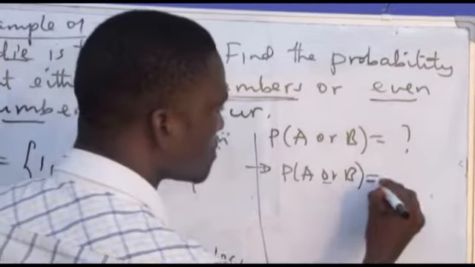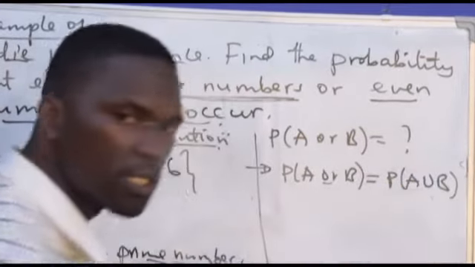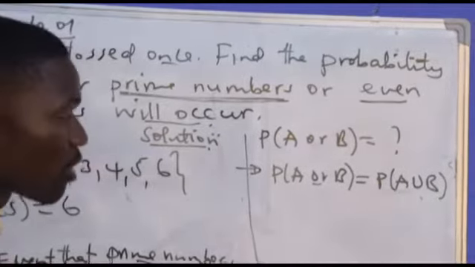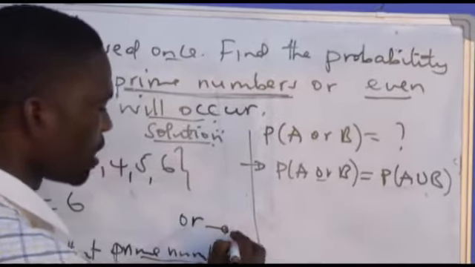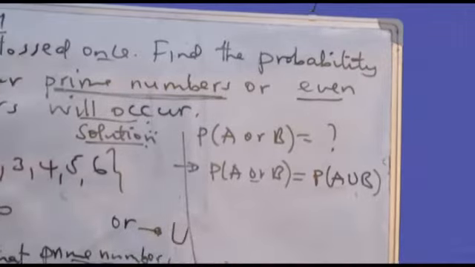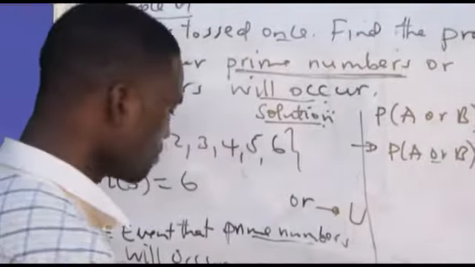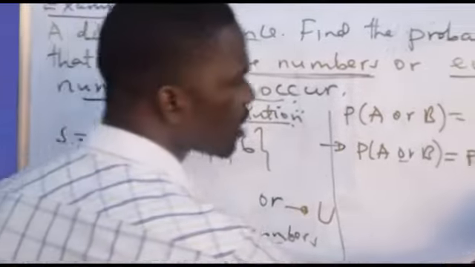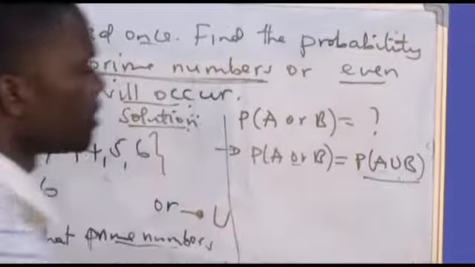So this becomes the probability of A union B. Please, again and again, recall set symbols: or is symbolized by union according to set knowledge.